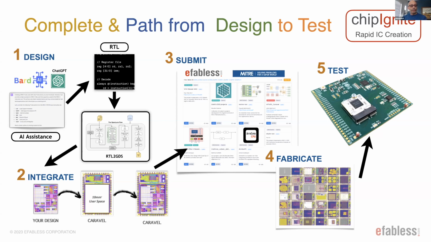The winners of the competition will receive the hardware to be able to test their designs. This is the overall picture, and as I mentioned again, especially the first part in the design aspect, having that be completely reproducible is very important.